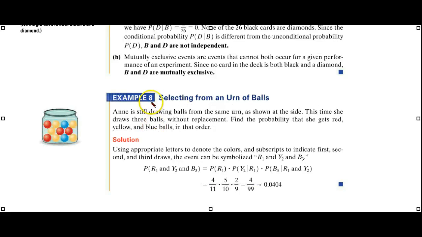In example 8, Anne is still drawing balls from an urn, as shown at the side. This time she draws 3 balls without replacement. Find the probability that she gets a red, a yellow, and a blue ball in that order.